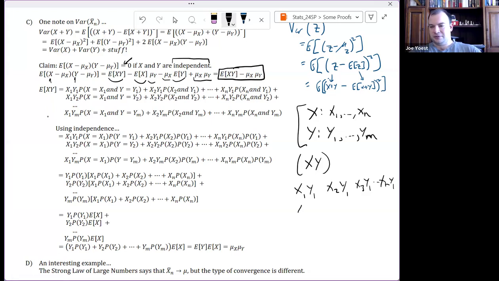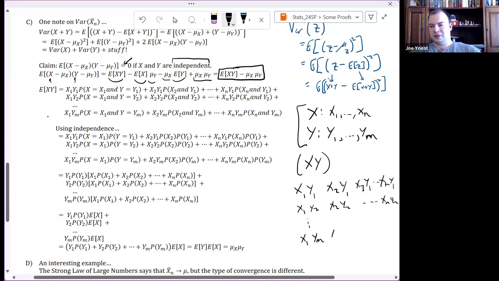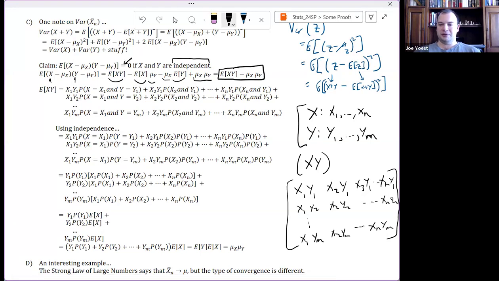Or I could have x1 times y2, or x2 y2, or xn y2, all the way out through x1 ym, x2 ym, out through xn ym. These are the possible outcomes for the product x times y. These are all the possible assortments of x and y that can contribute to this product.